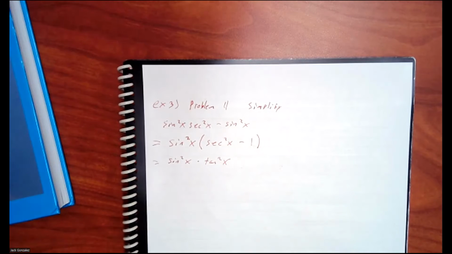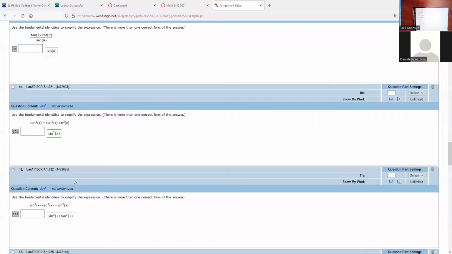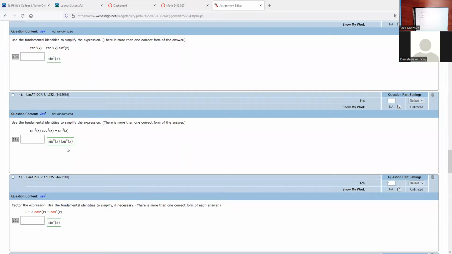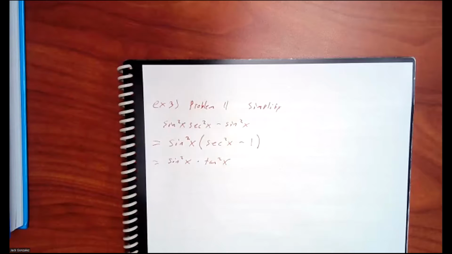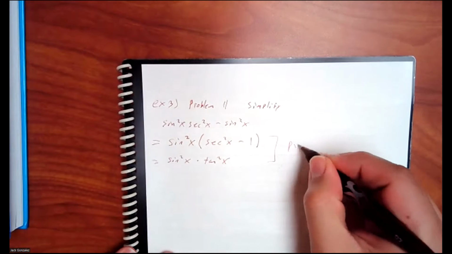Can we simplify any further? I don't think so. Maybe. It's as good as it gets, because tangent is sine over cosine, so it's not going to cancel anything. So that's as pretty as it gets. We use Pythagorean.